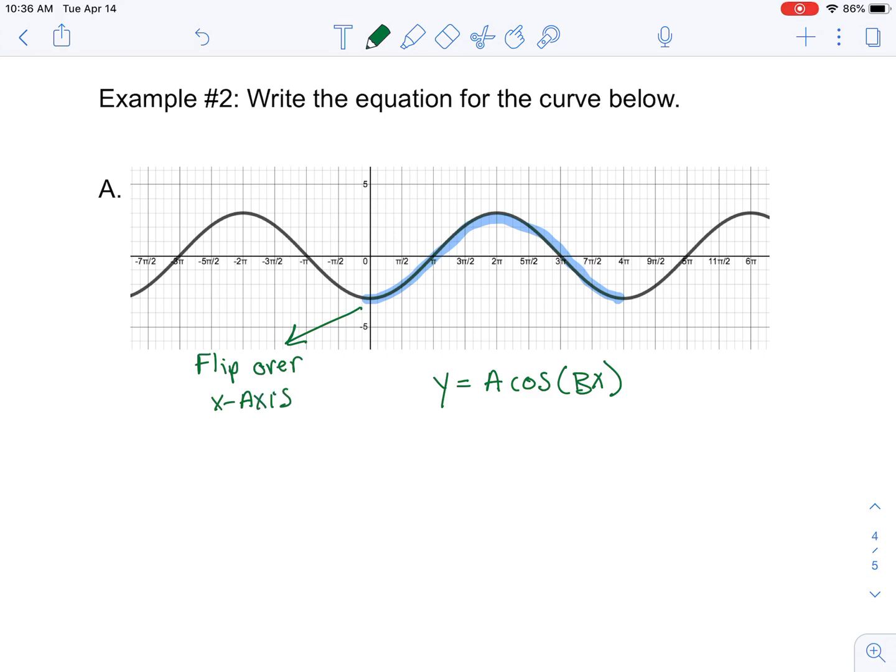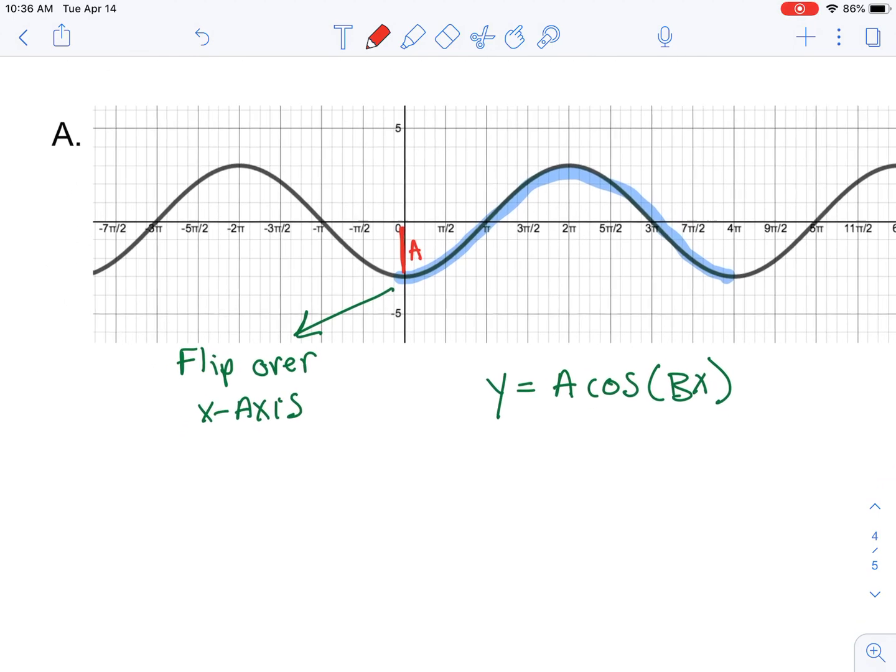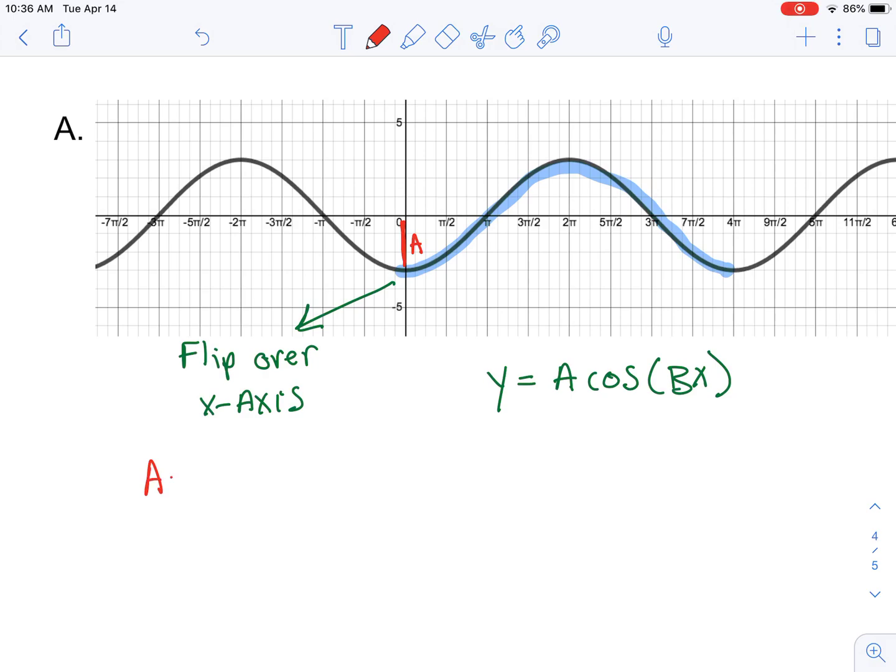I can look here, and my a is going to be this distance here, a distance of 1, 2, 3 in the negative direction. So my a is going to be negative 3.